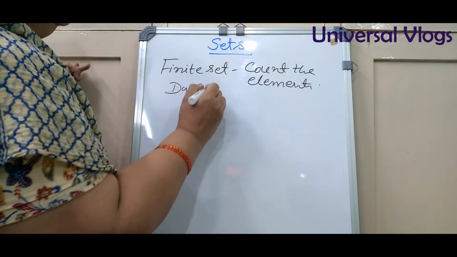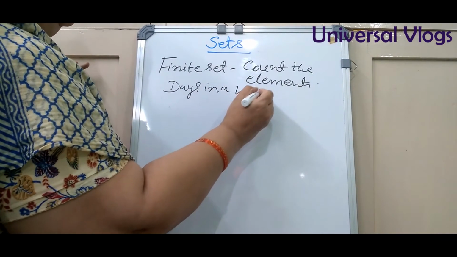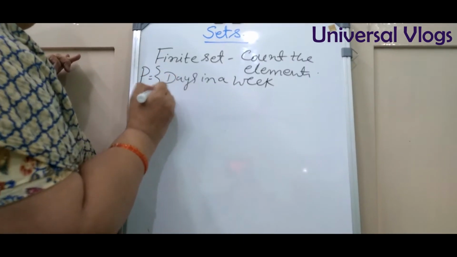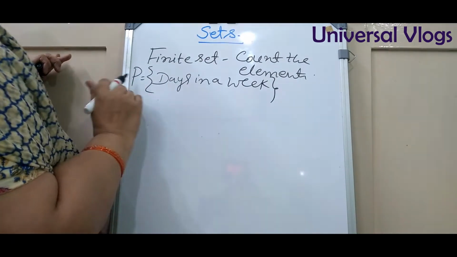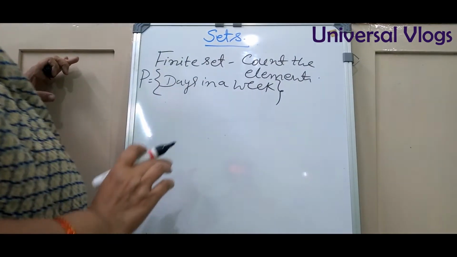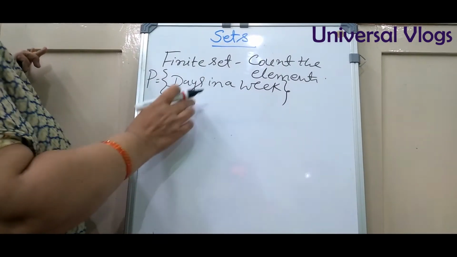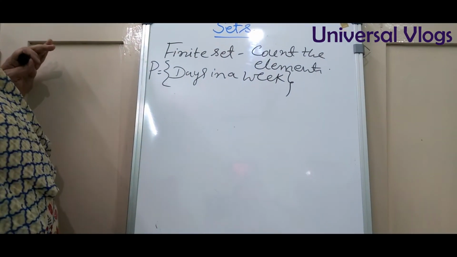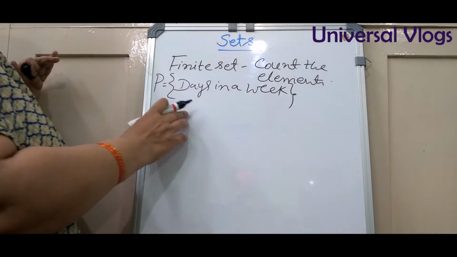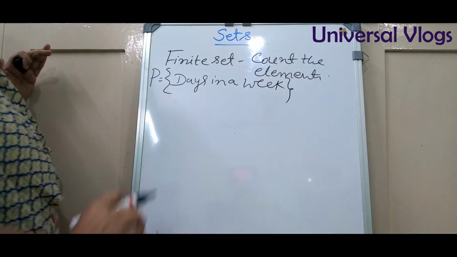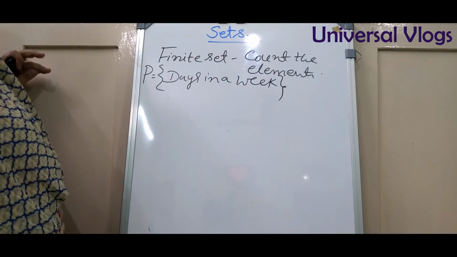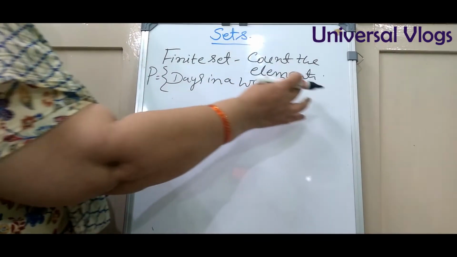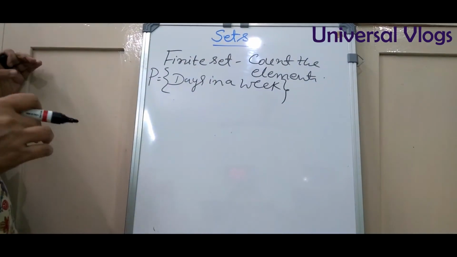Let me represent it by any letter, say P, and again we will enclose it within brackets. So days in a week is a finite set. We know all the days in a week: Sunday, Monday, Tuesday, Wednesday, Thursday, Friday, Saturday. So we can count the elements there. Each day can be called an element here. In mathematics, we use the word element.